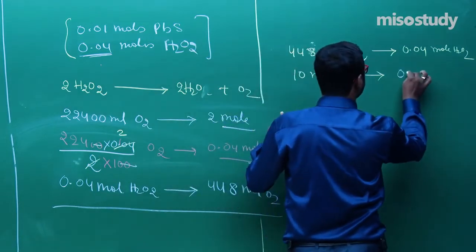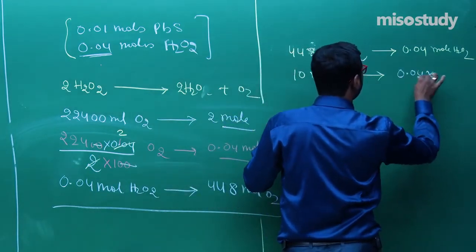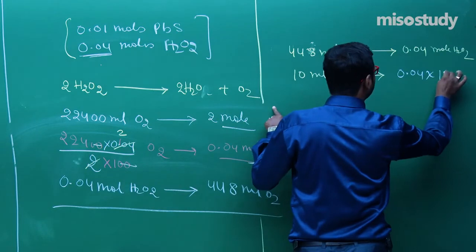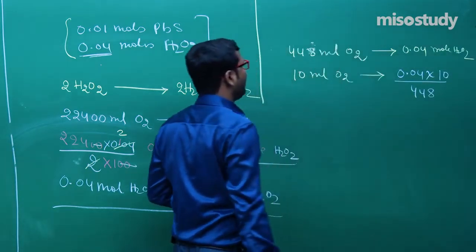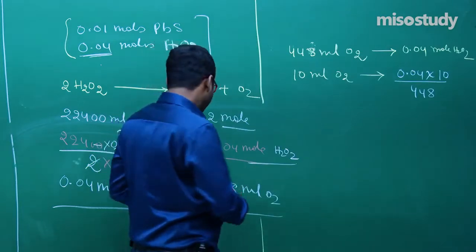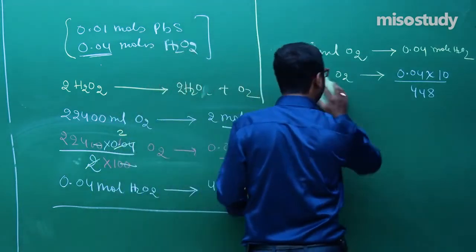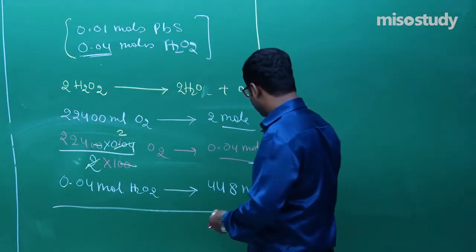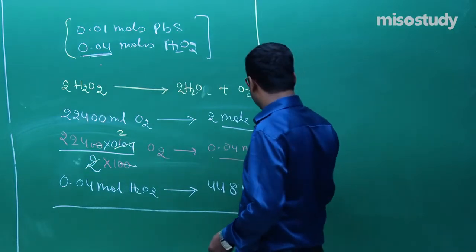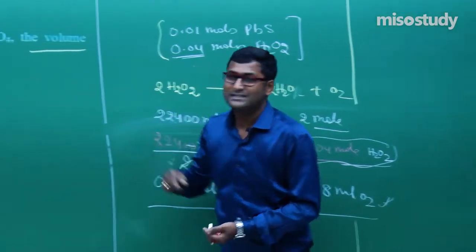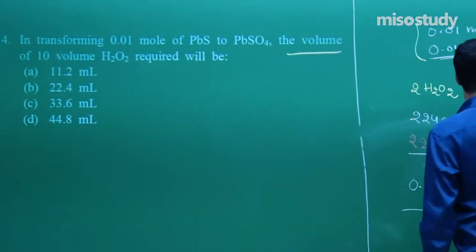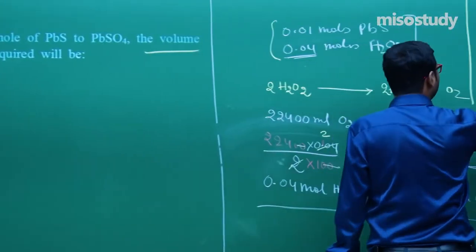We can put here 0.04 multiplied by 10 upon 448 moles of H2O2. This is clear. Now this is the volume of 0.04. Now what is here? That is 10 volume, which means 10 ml.